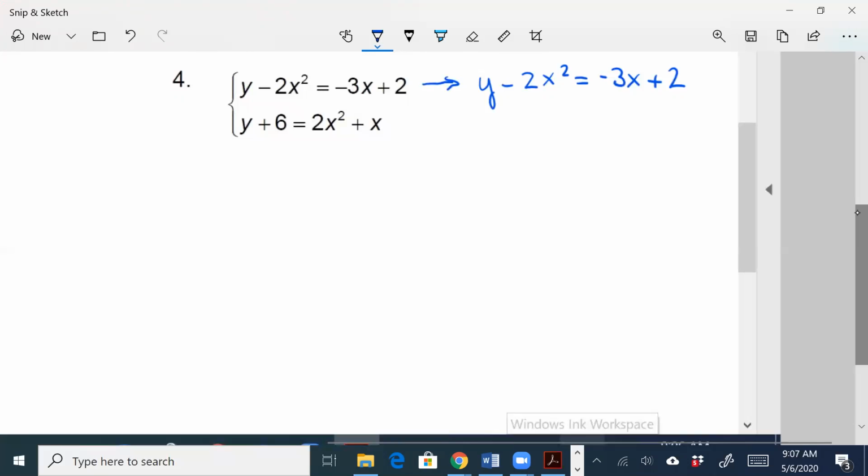And with the bottom equation, I'd subtract 6 to get it over with the constant like 2 is on the first equation. And I would subtract 2x squared, so it's on the left with y. So I've got y minus 2x squared is equal to x minus 6.